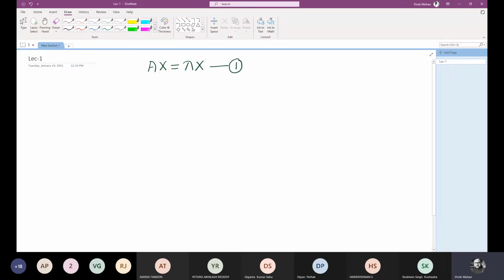What's an eigenvalue and what's an eigenvector? We are looking for a vector x and a number lambda that satisfies equation 1, which is Ax equals lambda x.